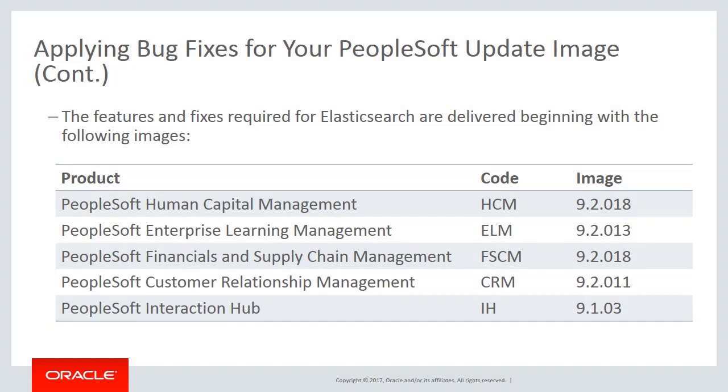Features and fixes for Elasticsearch are delivered beginning with the following images. For HCM, features and fixes for Elasticsearch are delivered beginning with image 9.2.018. For PeopleSoft Enterprise Learning Management, image 9.2.013.